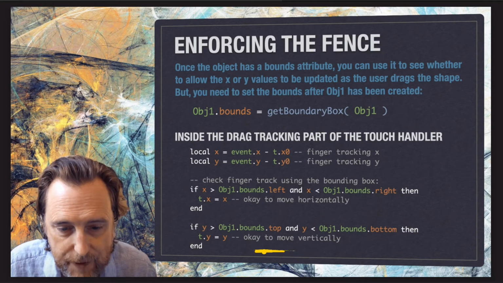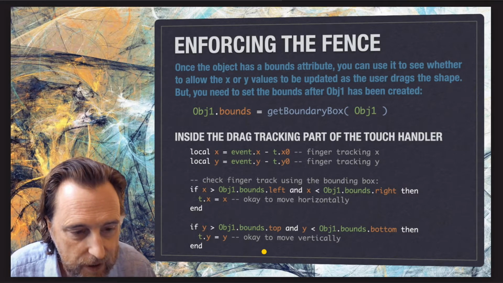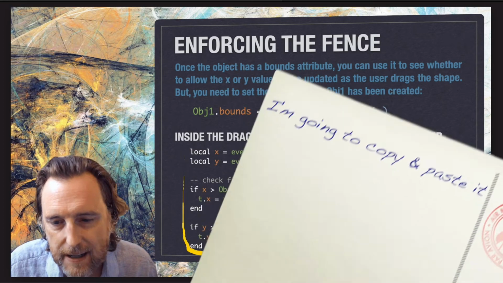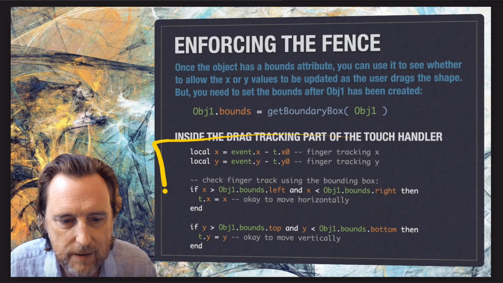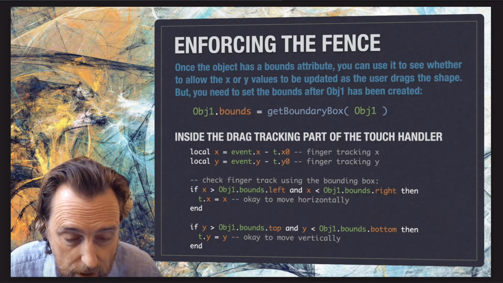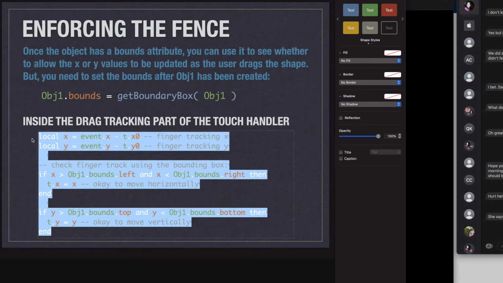I do not have this built into Draw to Code, so you've got to either type it in or cut and paste it. So I want to copy this entire chunk out of my Keynote and paste it into the drag event handler. So I'm going to jump over and do that. I want this whole chunk of code.